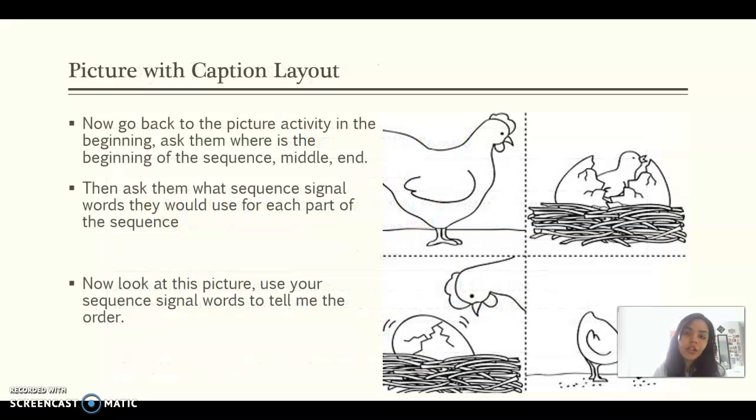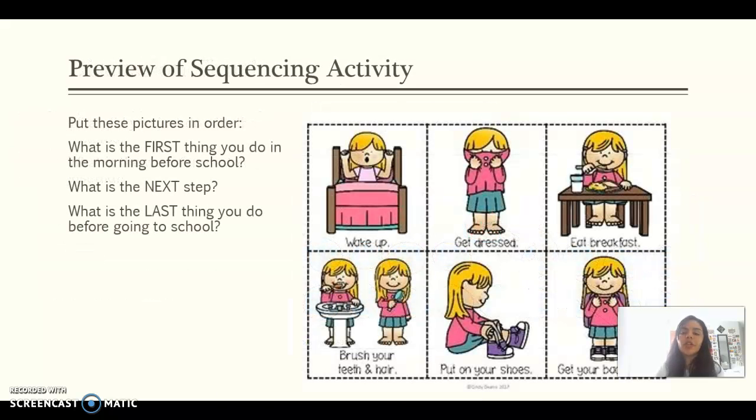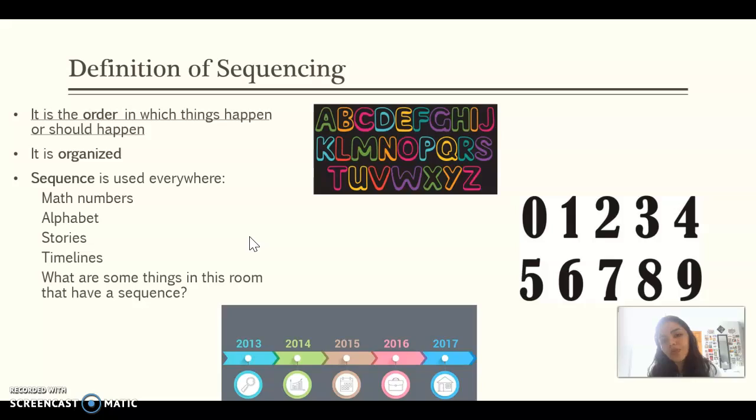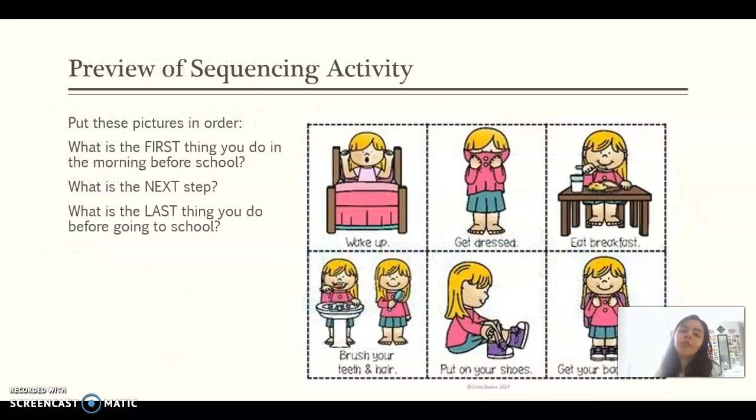of English. So once we go over those words, I would actually go back to the first activity that we did, and I would have it in order of like how I would get ready for school, and I would show them using these pictures how I would use these words, right? So I would say this is the beginning because it is the first thing I do.